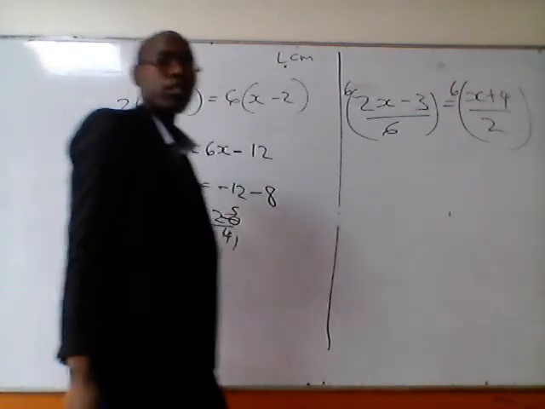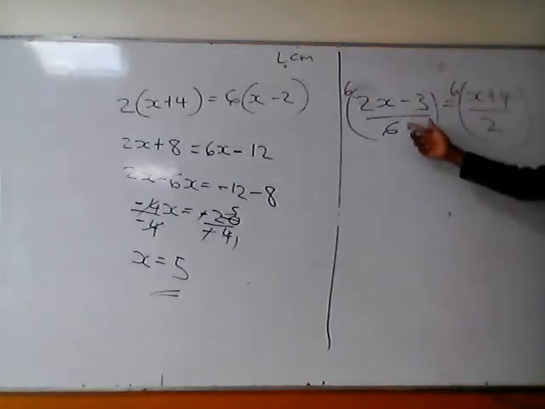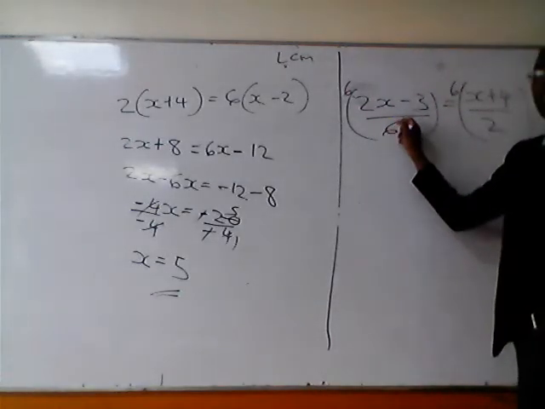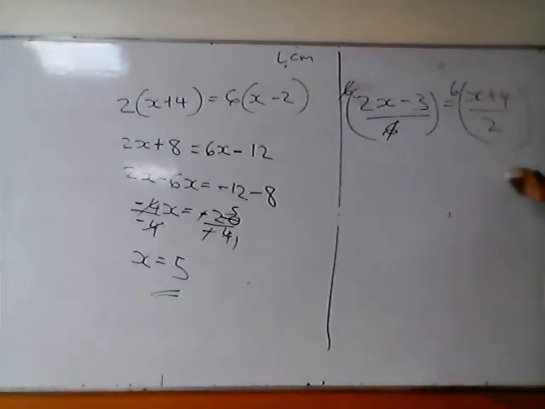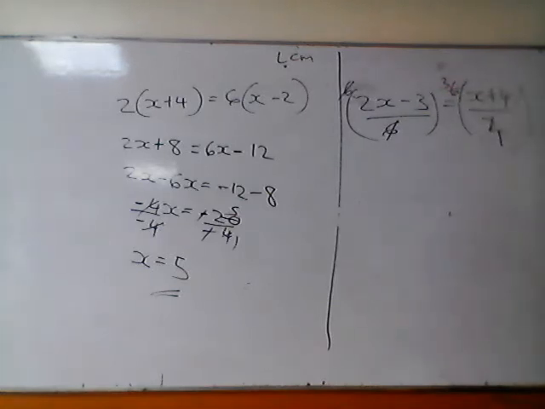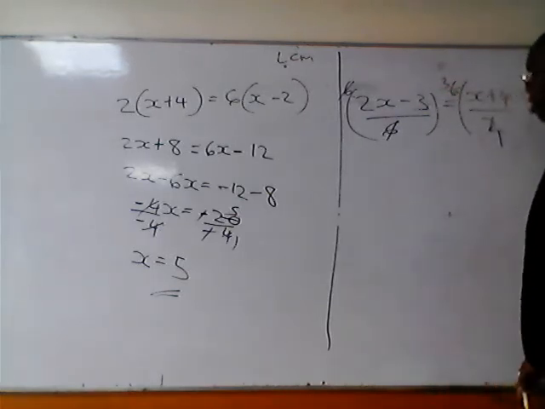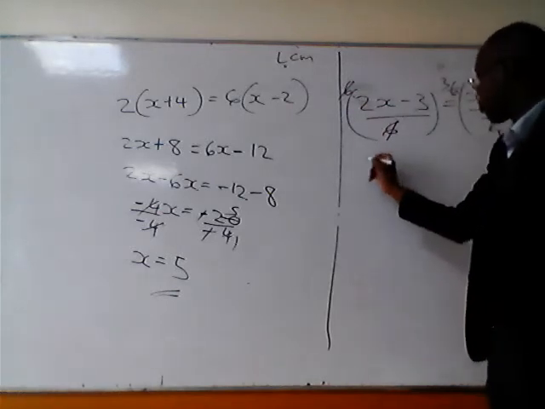So now the moment you multiply by the LCM, 6, and the 6 is going to cancel out. And then we're going to have 6 by 2, which is 3, so 3 times. So this one now is going to remain this way.